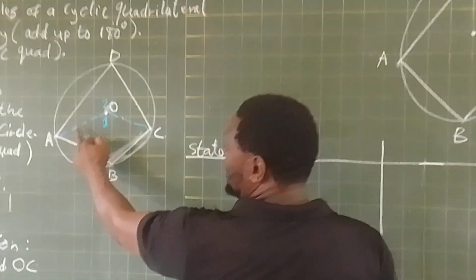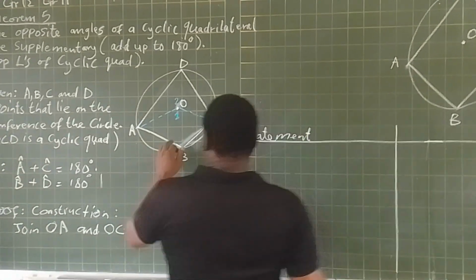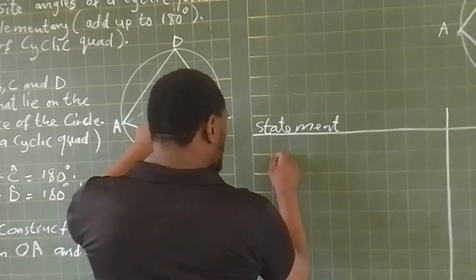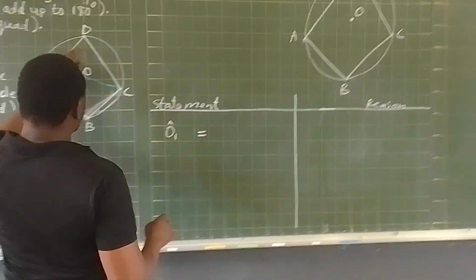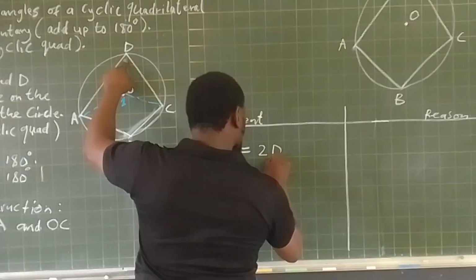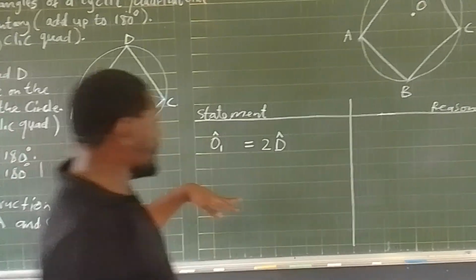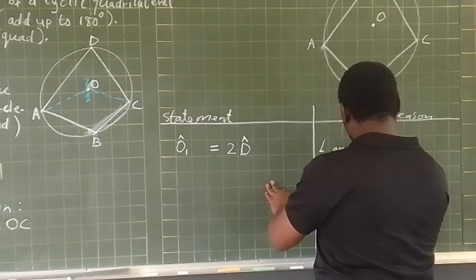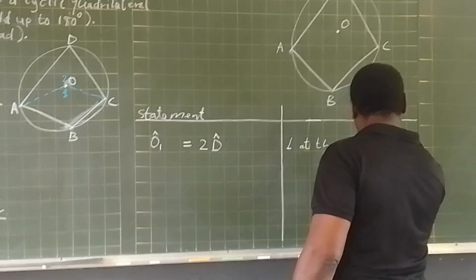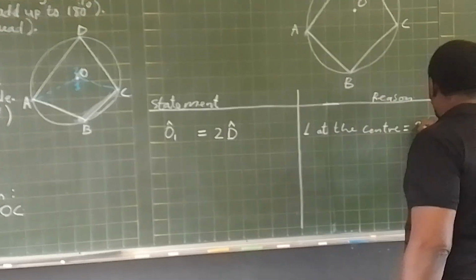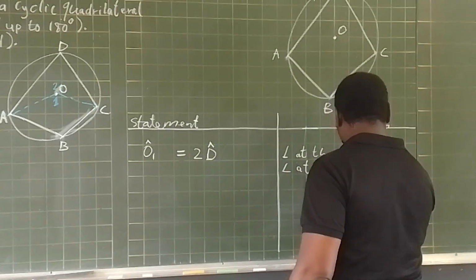Having constructed OA and OC, therefore we can say, see this angle O1: angle O1 is equal to 2 angle D. The reason for that, we have proved in the previous theorems that the angle at the center is equal to 2 times the angle at the circumference.